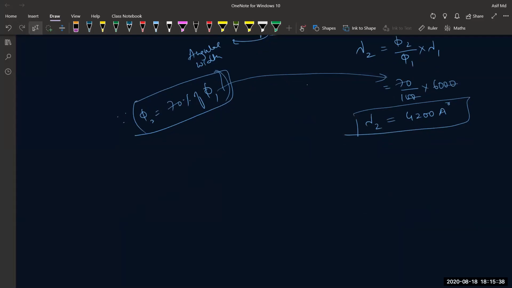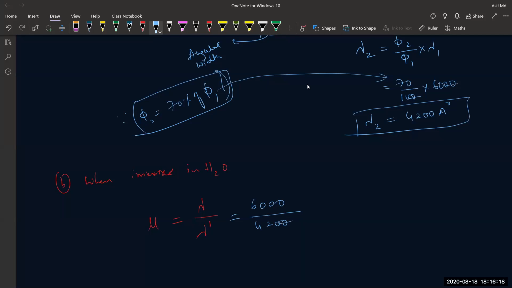Now, when the apparatus is immersed in water, how do you calculate the refractive index? Mu equals lambda divided by the wavelength in water, which is lambda dash. The original wavelength is 6000 and lambda dash is 4200.